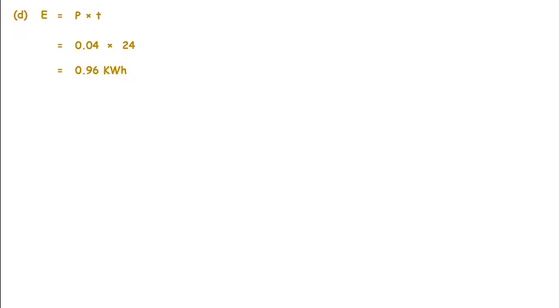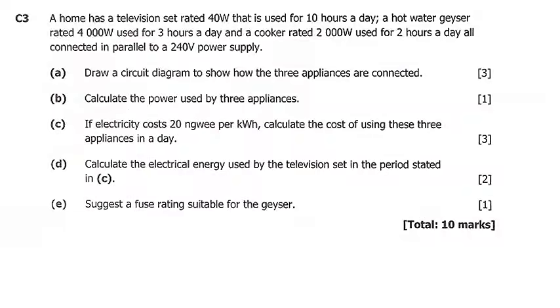Then in the last question, E, suggest a fuse rating suitable for the geyser. 1 mark. This question never demanded 1, it was supposed to have 2. So this is a geyser with 4,000 watts. So now what they want is the rating, the type of fuse that it will use.